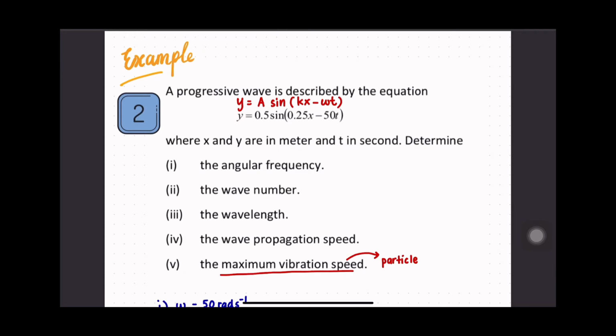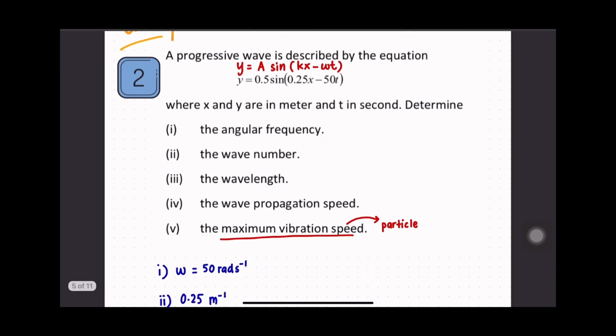Okay, next is example 2. A progressive wave is described by the equation y is equal to 0.5 sine (0.25x minus 50t), where x and y are in meter and t in second. Determine the angular frequency. Angular frequency is represented by omega.